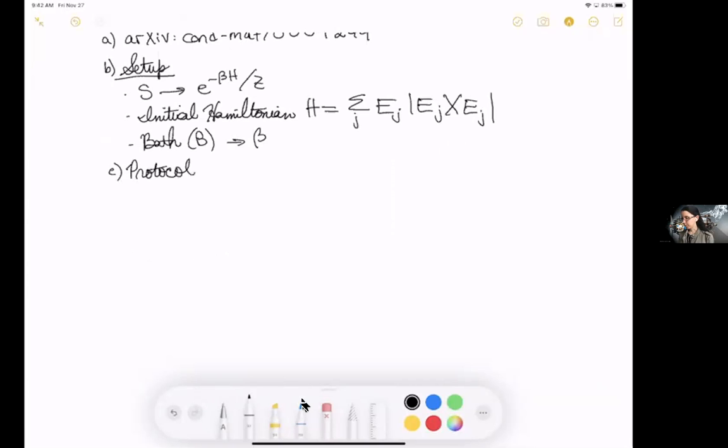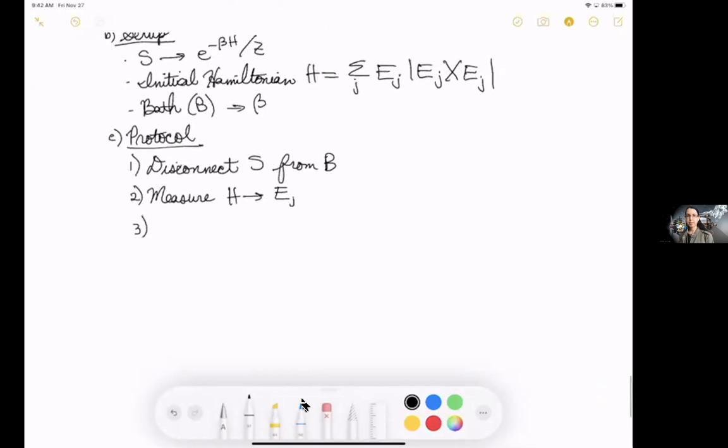Let's define the following protocol. First, we disconnect the system from the bath. Then we'll measure the system's Hamiltonian, yielding some outcome. Let's say it's labeled by j. Then we perform our work.